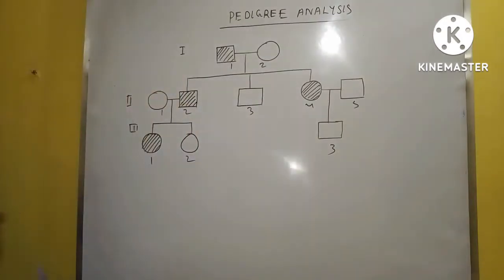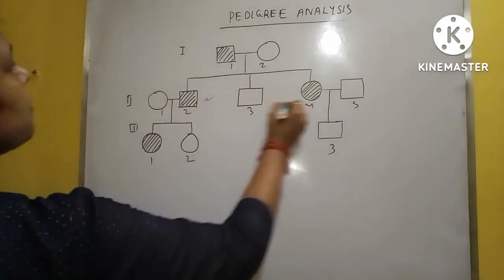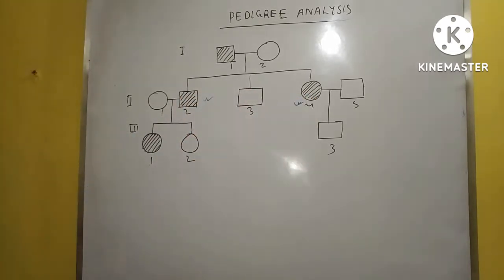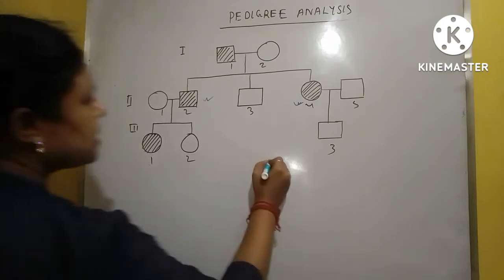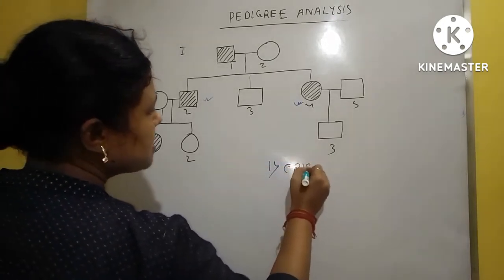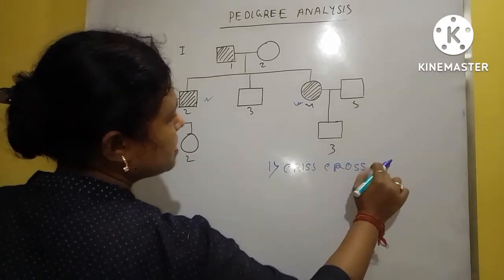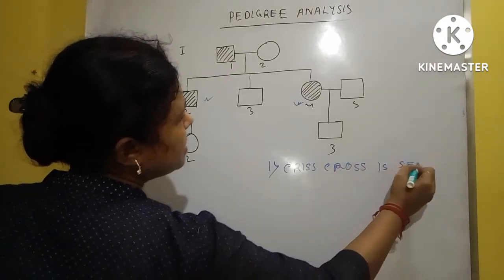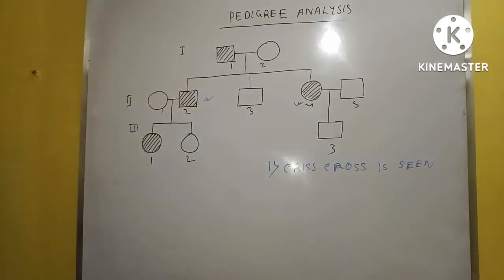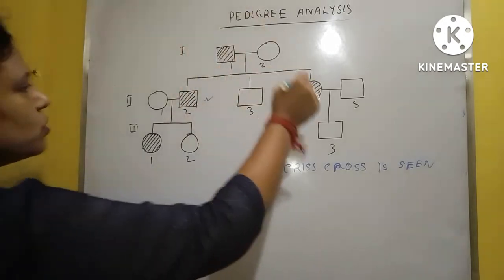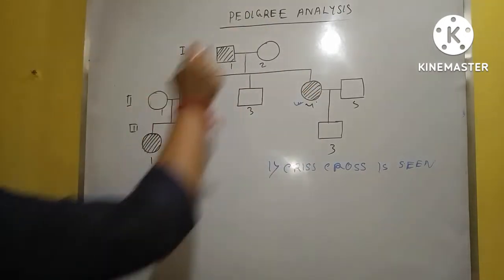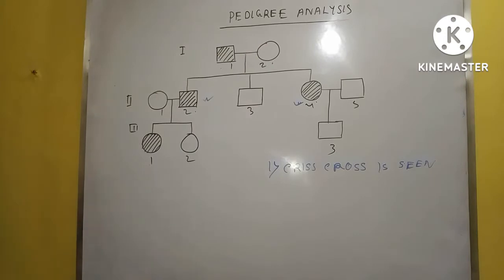So first we have to identify whether it is autosomal or sex-linked. You can see here male and female both are affected, and the criss-cross connection is not seen. That means the transmission of the disease gene from father to daughter or mother to son is not seen.